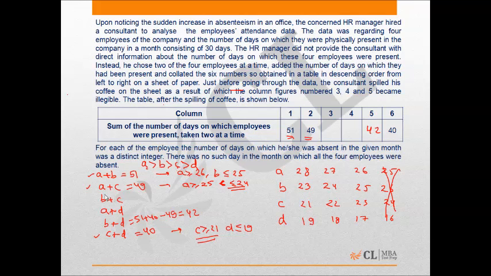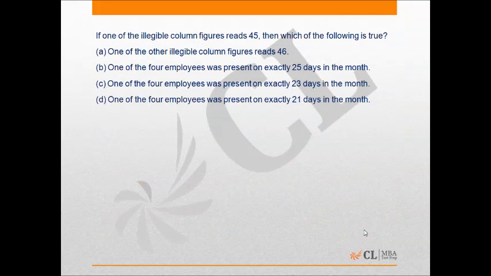So the third or fourth column could be either B plus C or A plus D. So if you see the 3 cases, the only possibility where the summation is 45 is 27 plus 18, which is A plus D. So if A plus D is 45, B plus C will come out to be 24 plus 22, which is 46. Hence my correct option is option A. One of the other eligible column figures reads 46. The other 3 are definitely not true for that case, right?